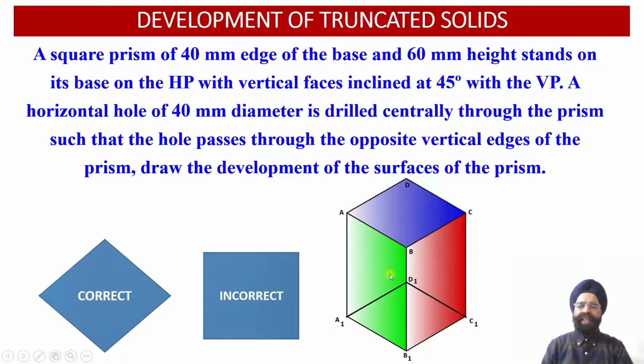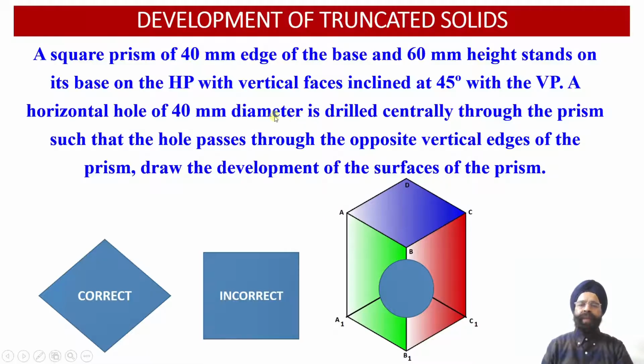That is, the hole passes through and through this square prism in such a way that it intersects these two front vertical faces and these two back side or rear side vertical faces of the square prism. So we are going to get through and through drilling of the square prism in this orientation with a horizontal hole of 40 millimeter diameter.